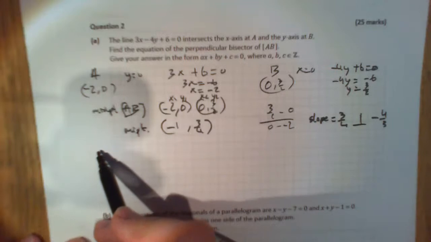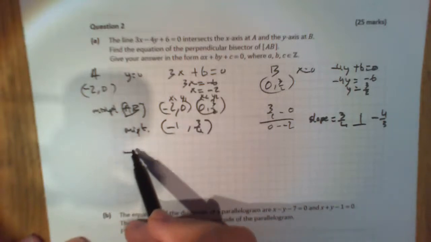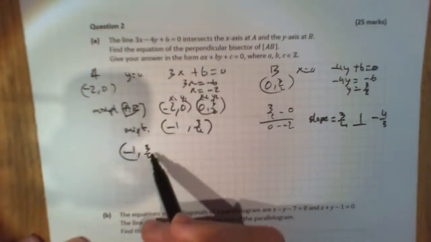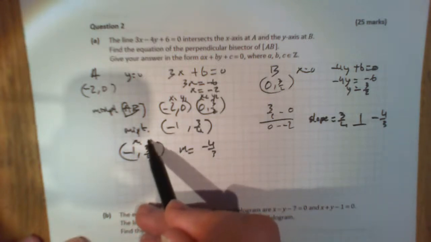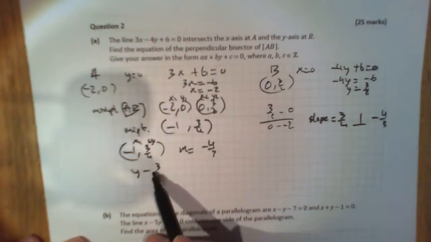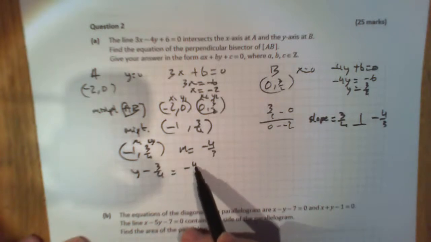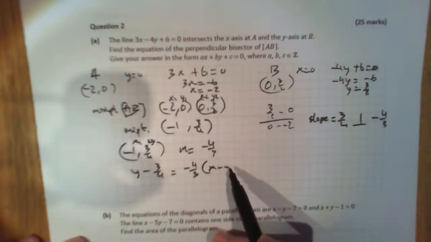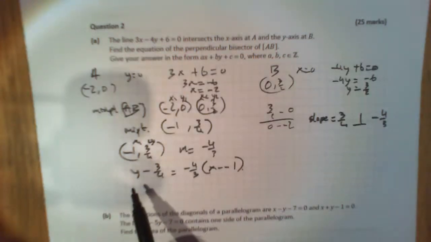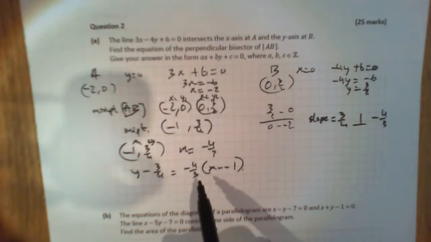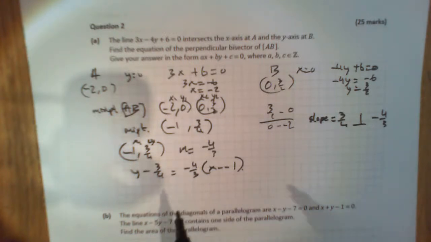So let's do our formula. We have a point, and we have a slope, x1, y1. y minus y1 is equal to m times x minus x1. Let's see, multiply everything. I'm trying to think why we can multiply everything by something nice and easy. 12, I suppose.